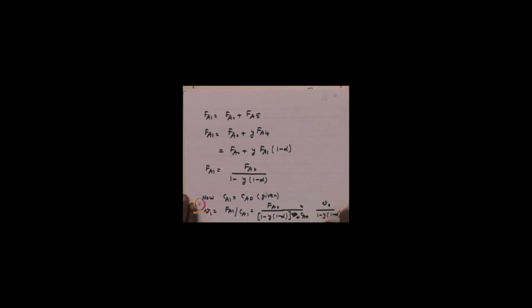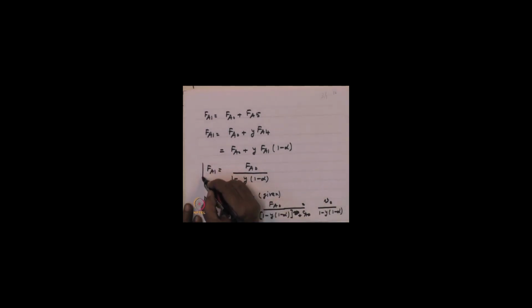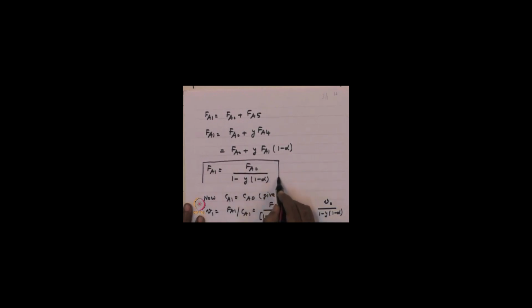So, from this statement of material balance, what we find is that F A 1 is F A 0 divided by 1 minus y times 1 minus alpha. So, we are able to determine F A 1 in terms of the process variables. What are the process variables? y and alpha. These are the variables of the process, and we have to find out the optimum value of y that would run the process well.